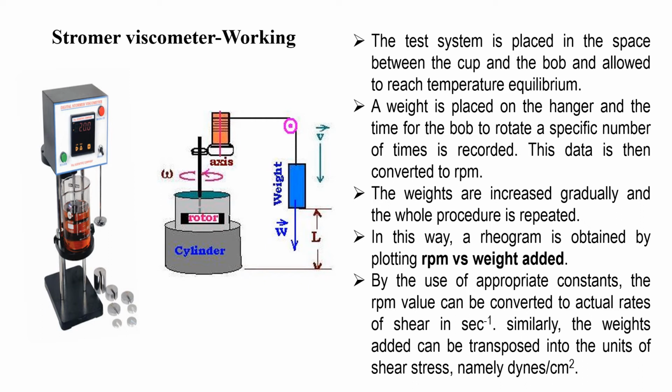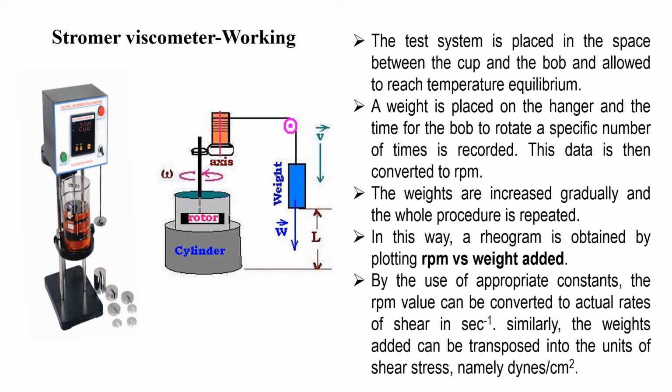Because of the increased viscosity, there will be some resistance in the rotation and there will be some decrease in the number of rotations per minute. So when we change the weights on the hanger, there will be some change in the number of rotations. Why? Because there has been some change in the viscosity of the sample that is taken in a beaker.